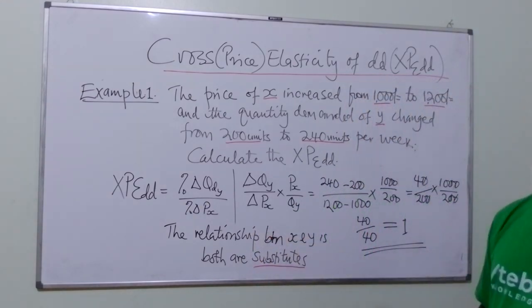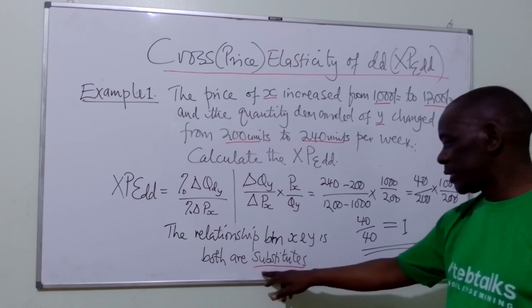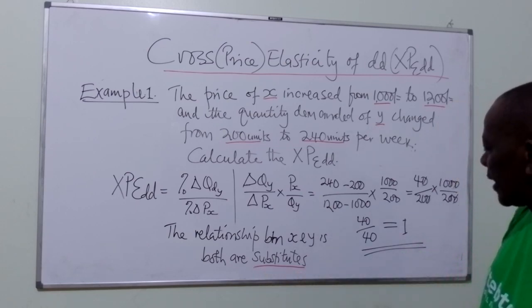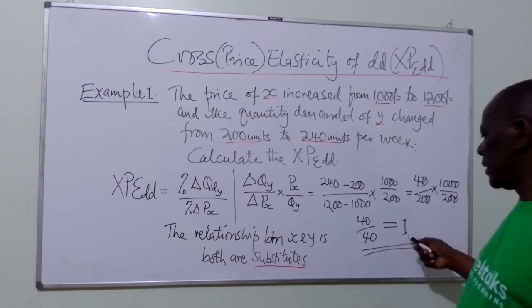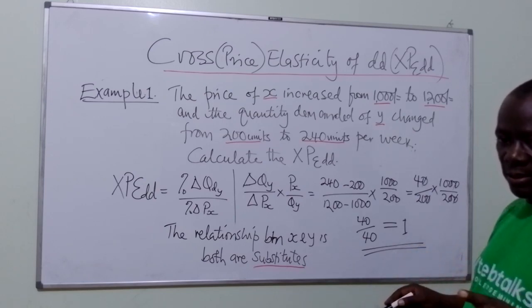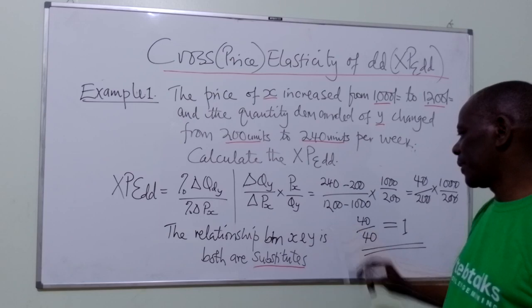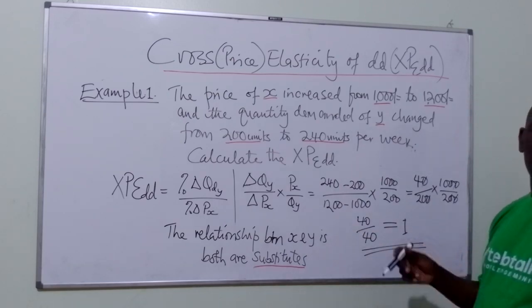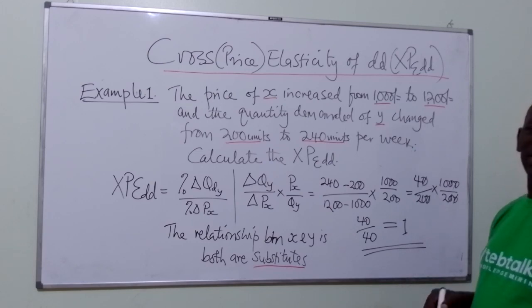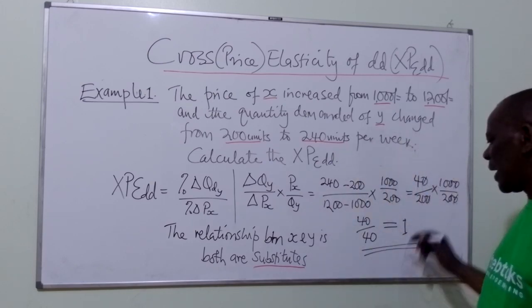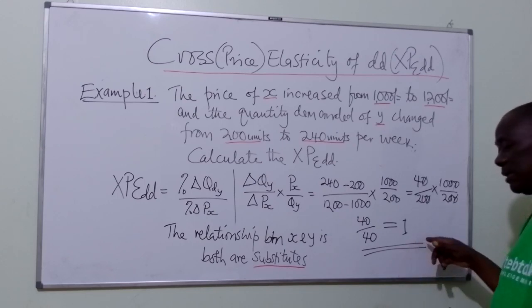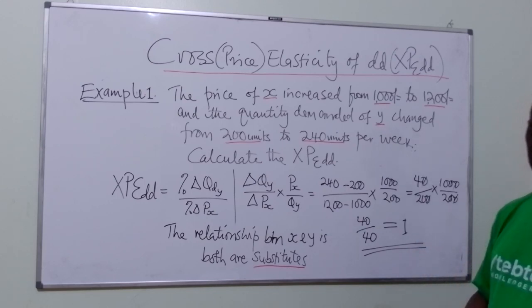How do we come to this conclusion? We come to that one because the figure we have got is a positive figure. Irrespective of the size of the figure, even if it is 2, even if it is 5, even if it is 10 point something, as long as it is positive, it shows that they are substitutes.